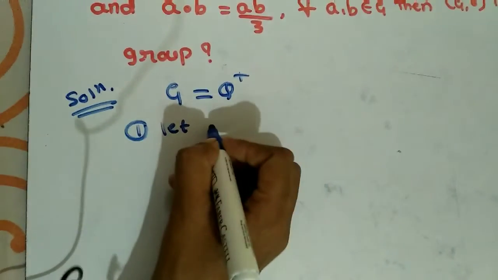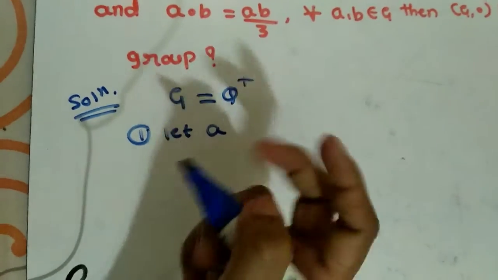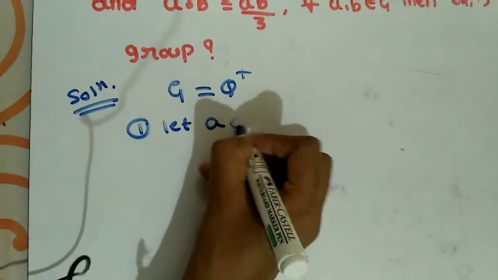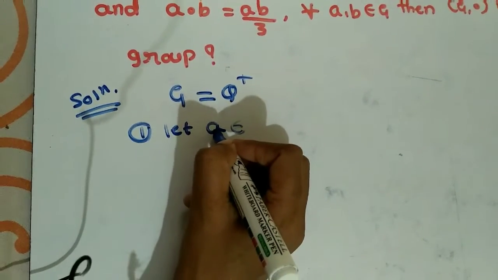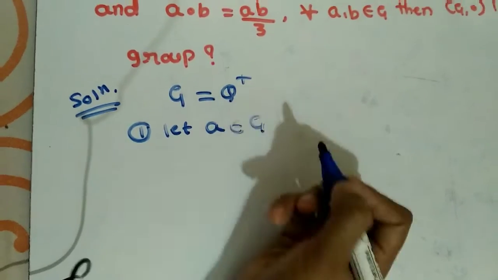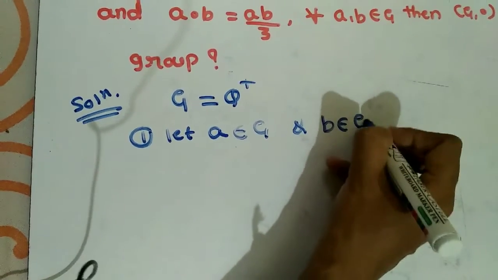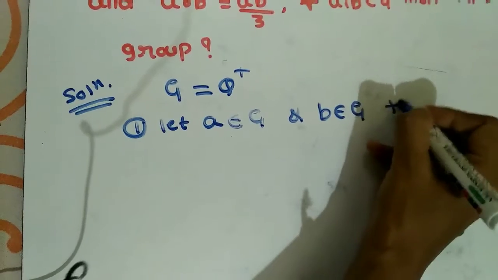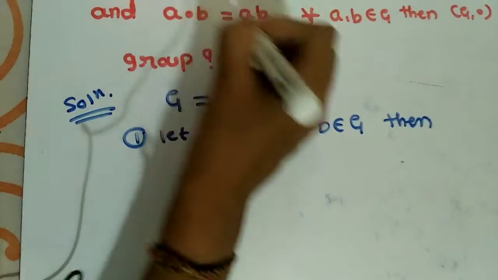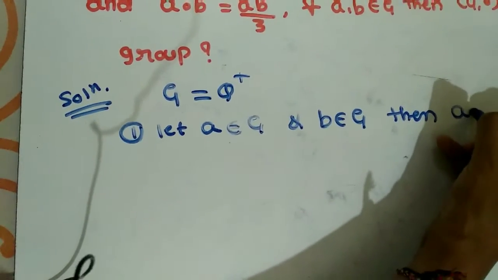For checking the closure law, we have to take at least 2 elements. So I am going to take a belonging to my non-empty set, and b belonging to G. Then what is my condition here? That is a composition b.